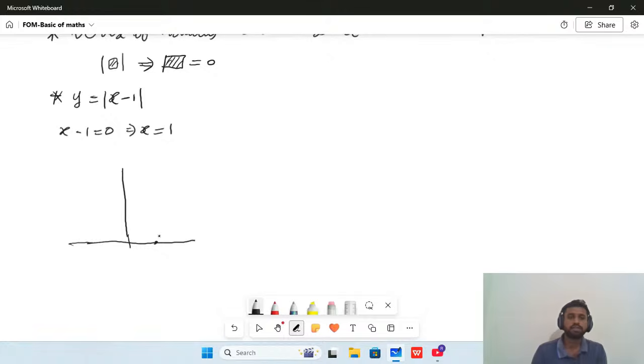Here the vertex will be, and from here a V-shaped graph will be there. So this is the graph of y equals modulus of x minus 1, and the critical point will be at x equals 1, because at x equals 1 only, y equals 0. And what about y equals modulus of x plus 2?